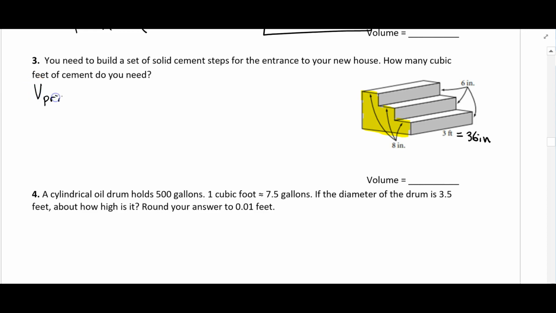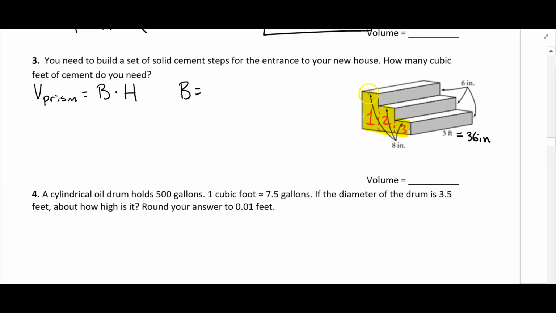So the volume of a prism is going to be the area of the base times the height. So we've got to find the area of the base. And what I'm going to do is divide this into 3 different rectangles, and I'm going to label this 1 and this 2 and this 3.